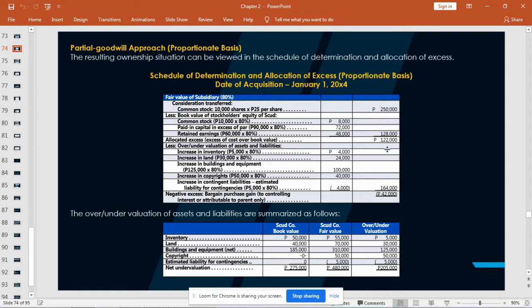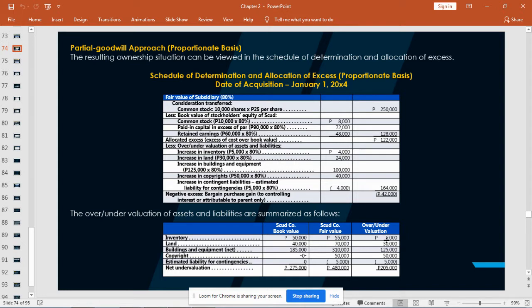So, yung ating allocated excess would be 122,000, less the difference ng ating fair value over the book value ng ating subsidiary times the 80% interest ng ating parent. Our over or undervaluation of assets and liabilities would total to 164,000. Ito yung computation natin. Yung inventory natin at book value would be 50,000, compared to fair value, we have an increase of 5,000.